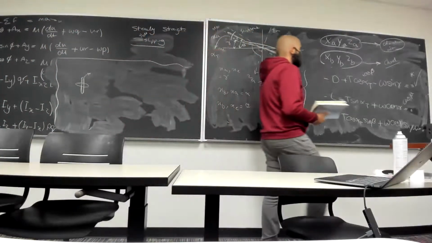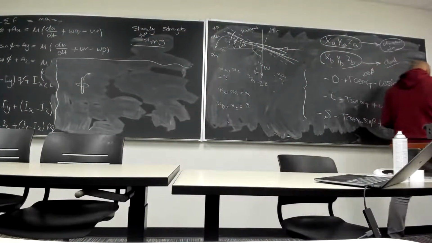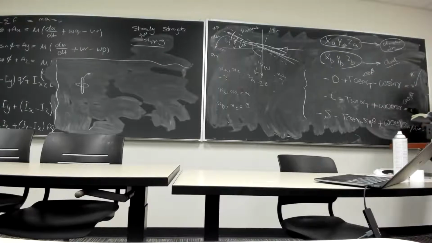Or what are the changes we're going to see in these equations? Do we still have slip? We haven't talked about side slip, so let's do the most general form. But let's come to this equation first.